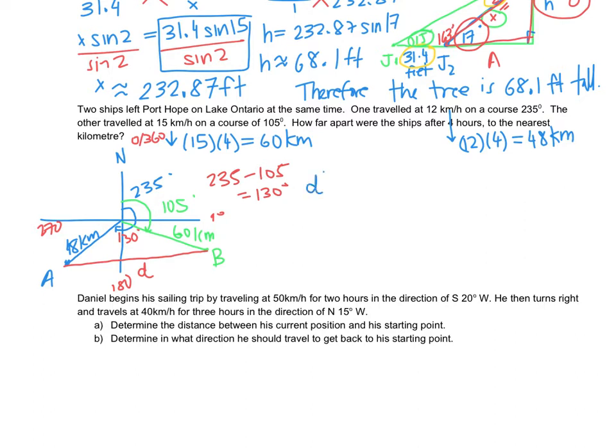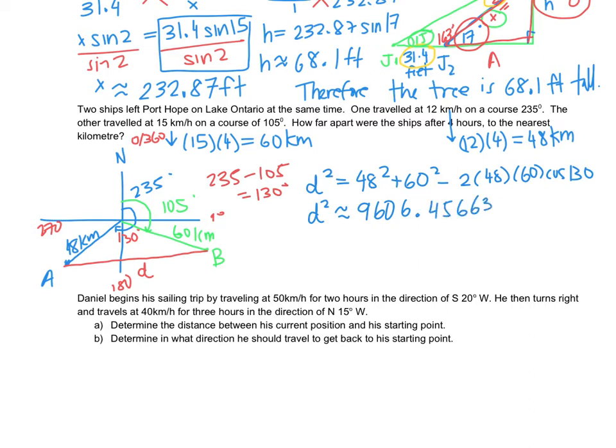We're looking for D, so it's going to be D squared equals the other 2 sides squared minus double the other 2 sides, and then cos of the angle opposite the side we're looking for, so cos 130. And then we can plug that right side into our calculator all at once, and you get about 9,606.456632.